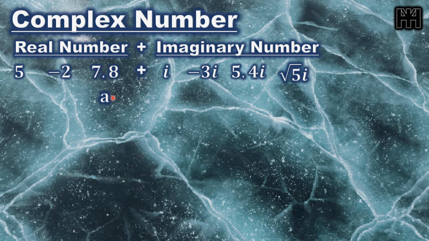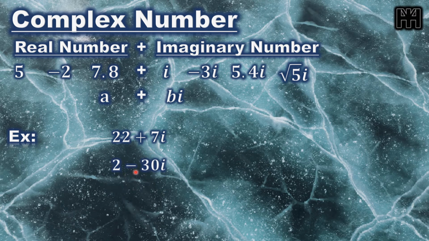This is the standard form: the real number is indicated by a, plus the imaginary number coefficient is b, and the imaginary unit is i. This is the standard form of the complex number. These are examples of complex numbers. We have 2.2 plus 7i, which is in the standard form, and 2 minus 3.0i, also in the standard form, a plus 3.4i, and so on.